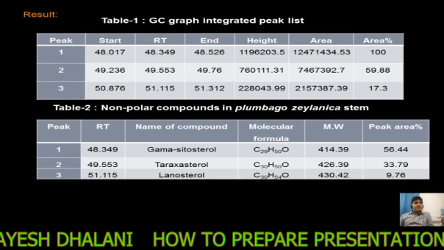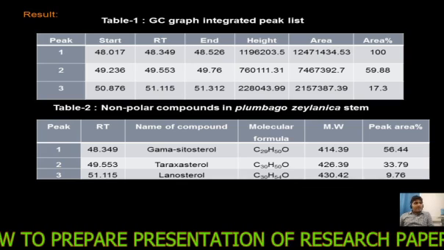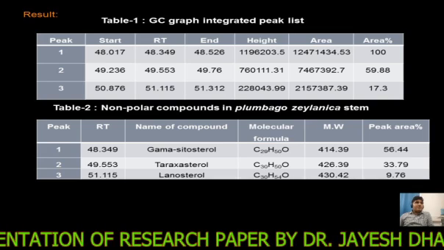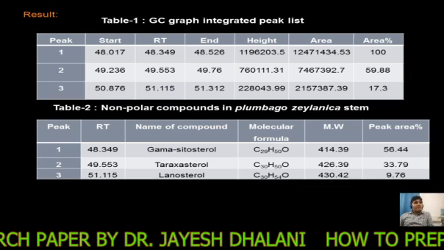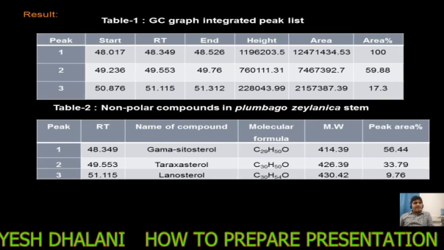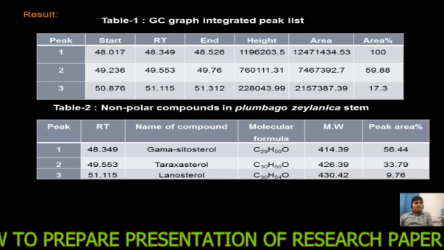You can see here that I have presented the result in tabular form. So you can paste your data in tabular form and give the name of the table, like Table 1 GC graph of integrated peak list, Table 2 non-polar compounds in Plumbago xylenica stem.